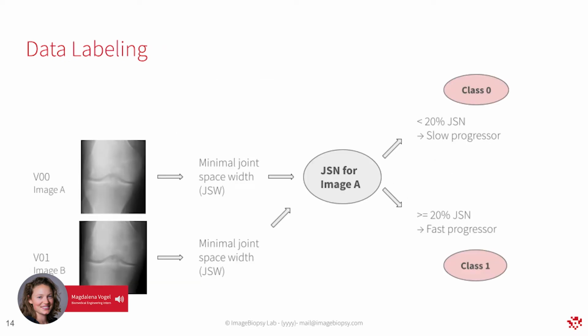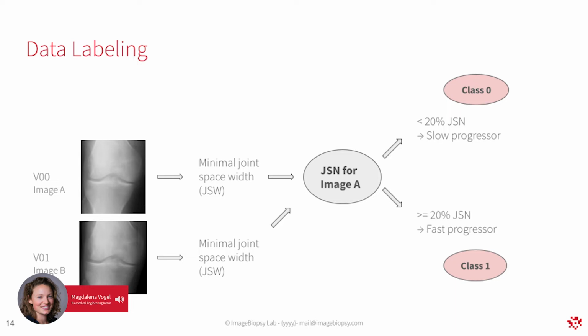I used the first image and the second image 1 year later. I calculated the joint space width with KOALA and could calculate with this a joint space narrowing over this time range, in this case over 1 year. If this patient shows joint space narrowing of less than 20% per year, it's a slow progressor, class 0.